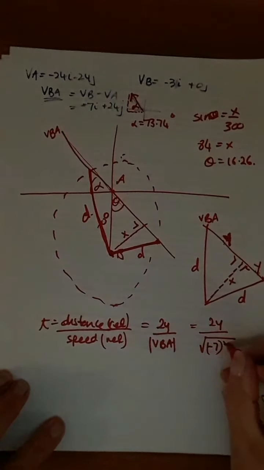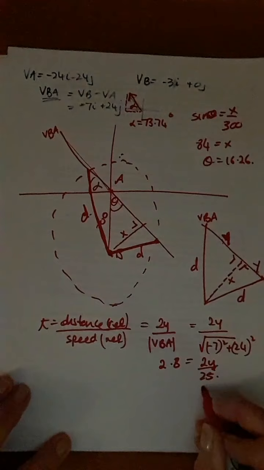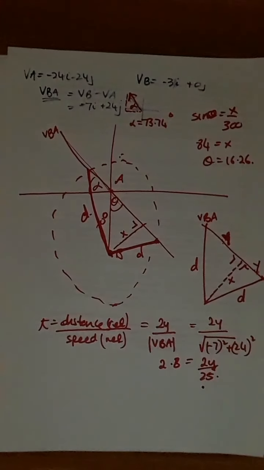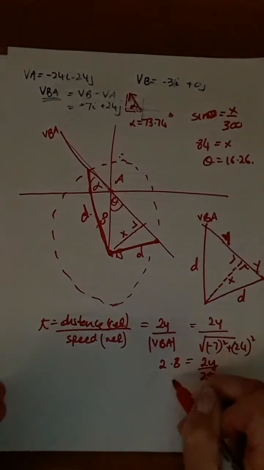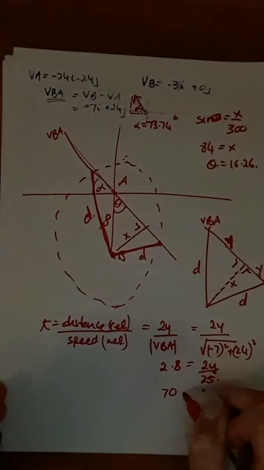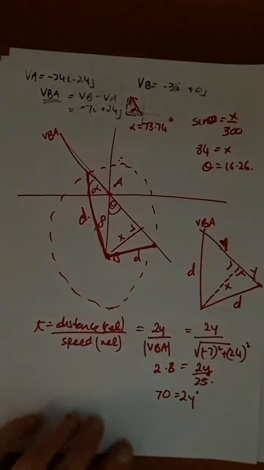When you work that out, you get 2y is equal to 2.8 multiplied by 25. So 25 multiplied by 2.8 gives me 70. So 70 is equal to 2y, which means that y is equal to 35.